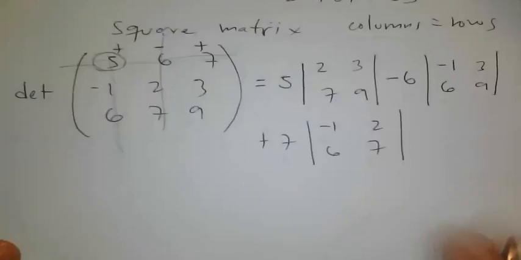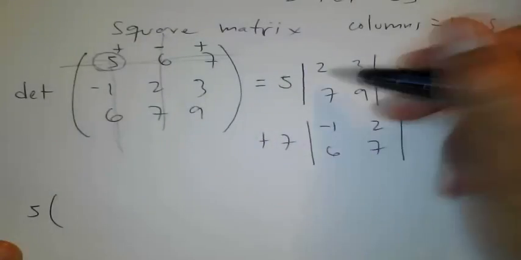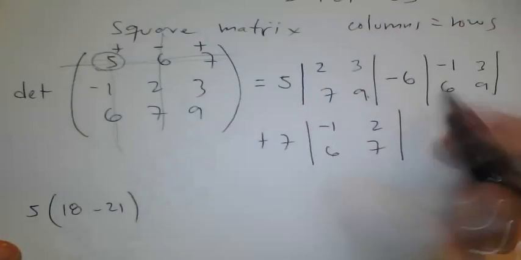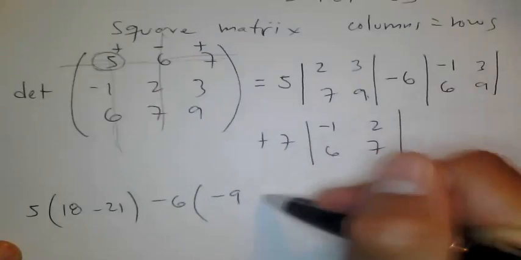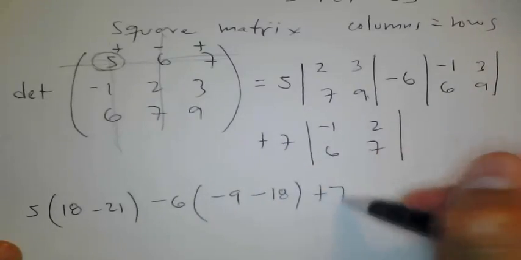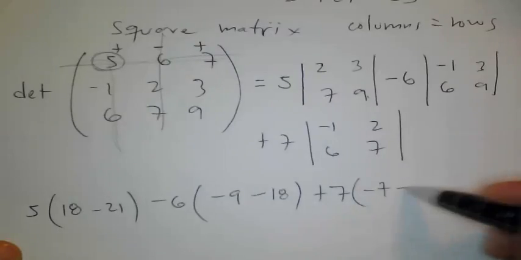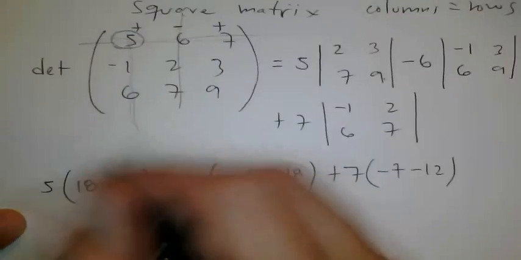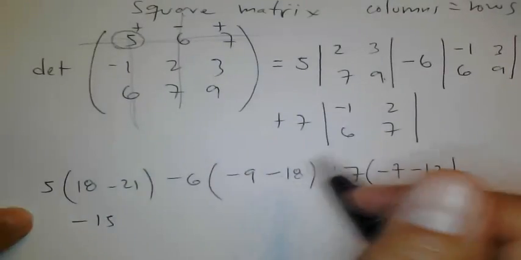So if we compute this, it will be 5 times (2 times 9, 18, minus 21), and then minus 6 times (negative 9 minus 18), plus 7 times (negative 7 minus 12), and we just simplify.